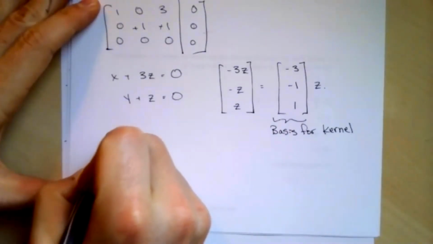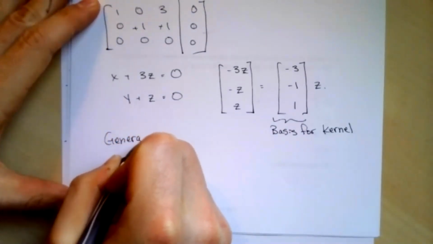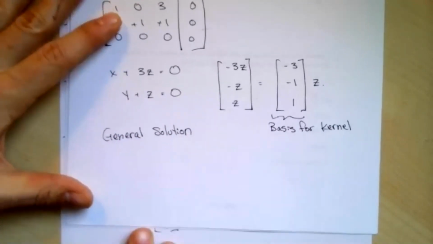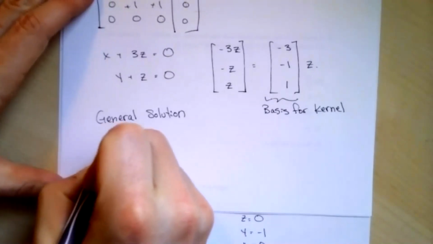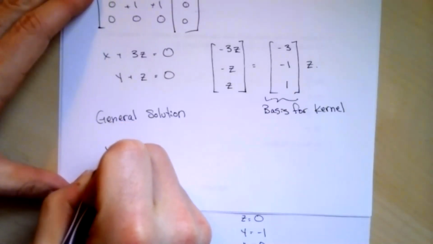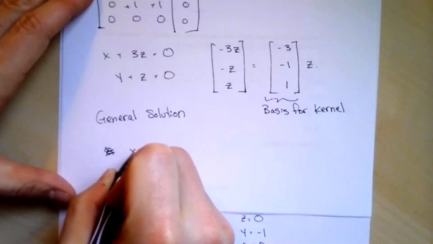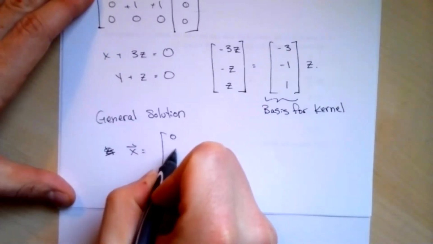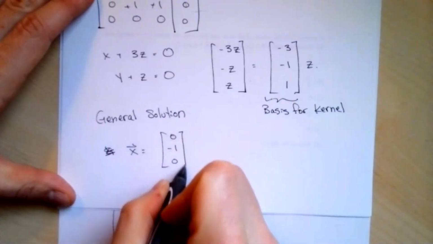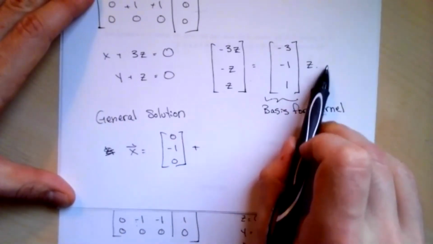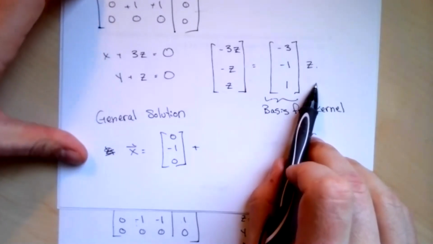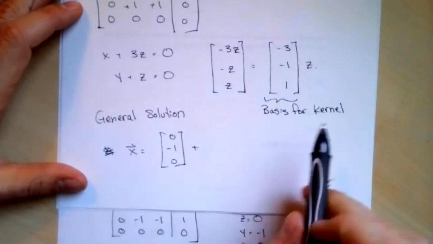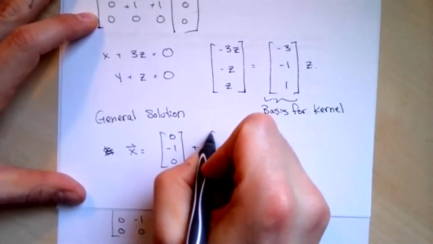And so our general solution you simply write as your specific solution. Let's just write it as x is equal to 0, minus 1, 0, plus a scalar combination, a linear combination of the basis vectors of your kernel.